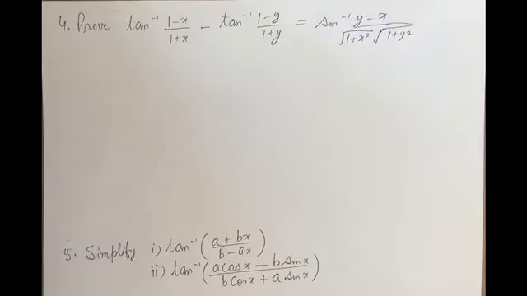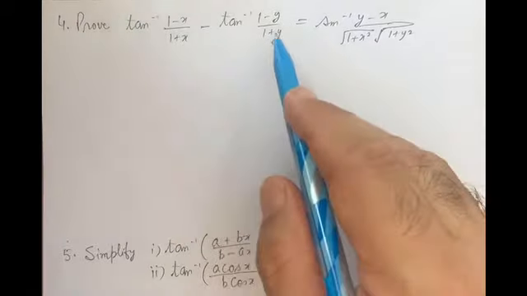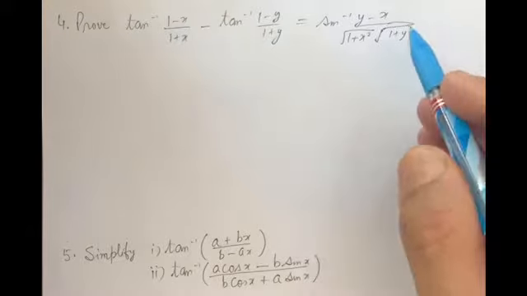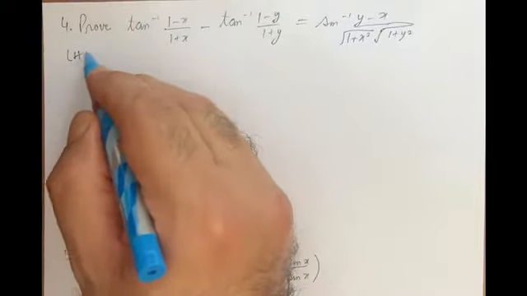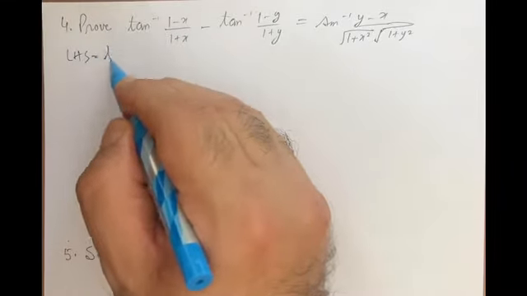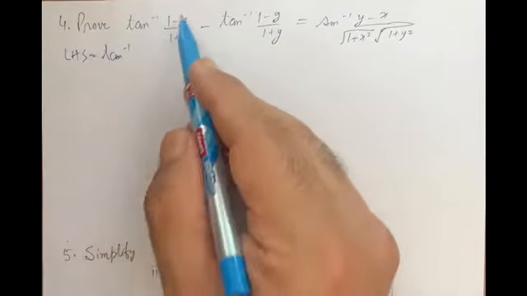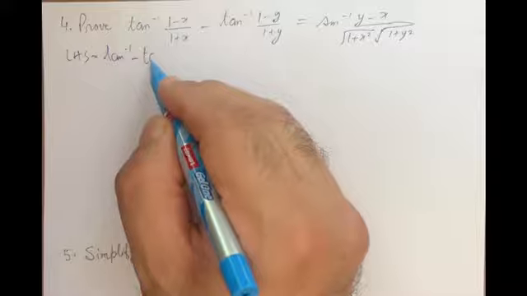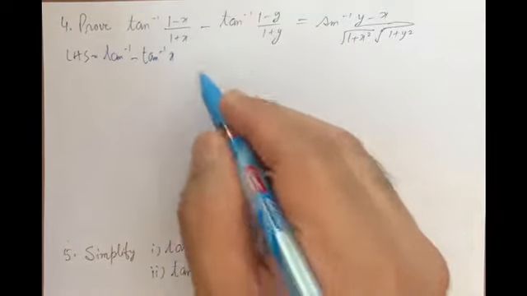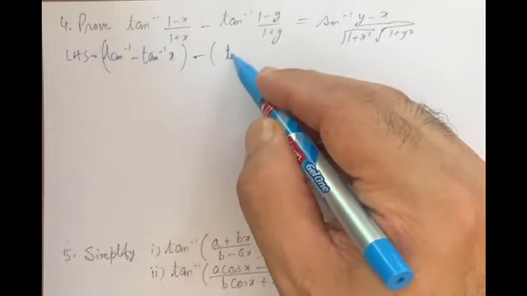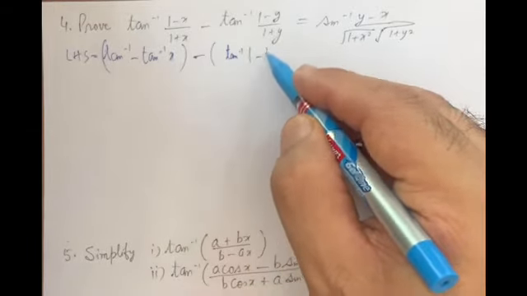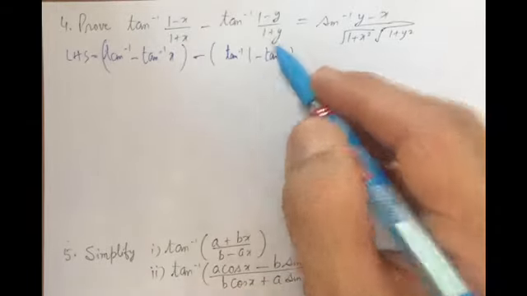The next one, we have to prove tan inverse of 1 minus x upon 1 plus x minus tan inverse of 1 minus y upon 1 plus y is equal to sin inverse of this expression. So starting from left hand side, this can be written tan inverse of 1 minus tan inverse of x minus, this is tan inverse of 1 minus tan inverse of y.